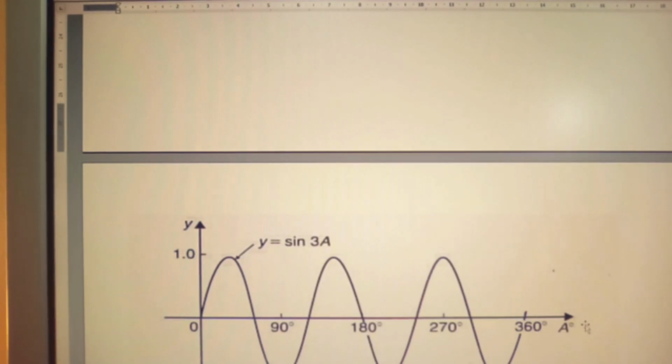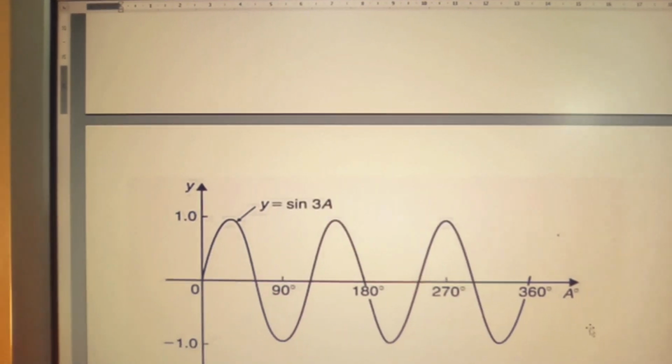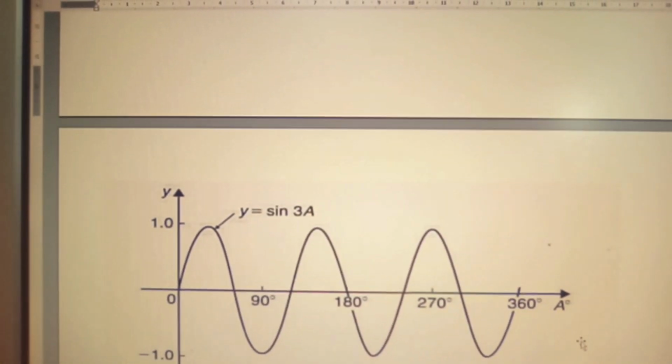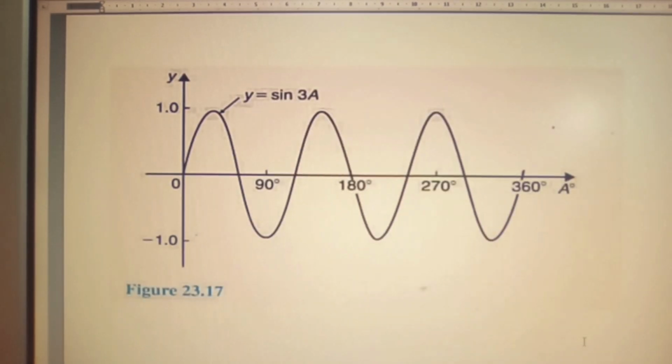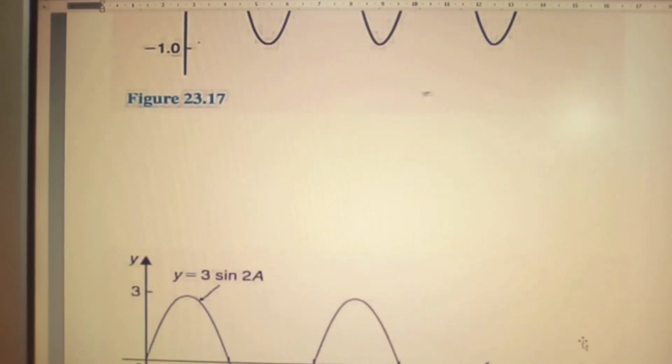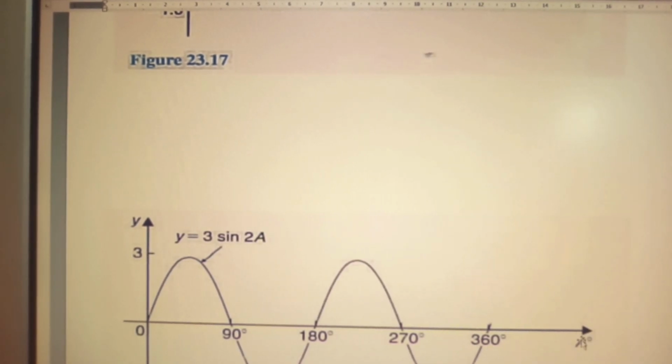Now here's the waveform which refers to y equals sine 3A. Somewhere along the lines here I've created a table as well to show you how the table should be created. And here you have y equals 3 sine 2A.